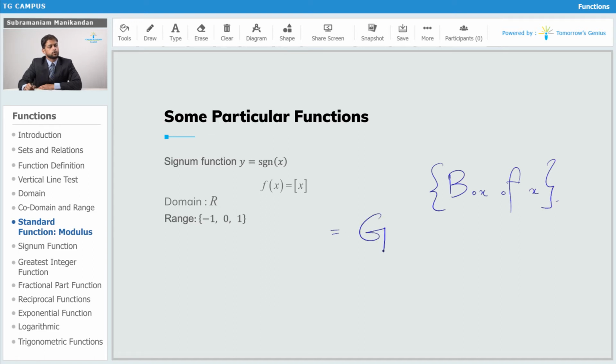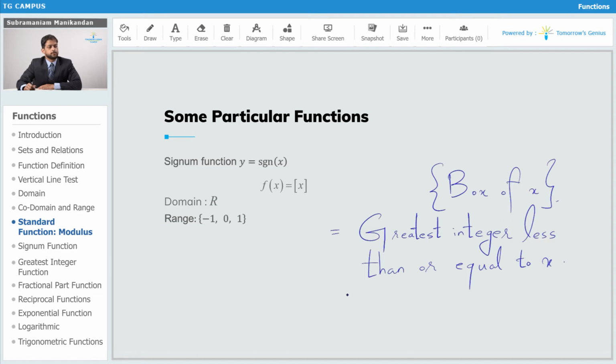It is equal to the greatest integer less than or equal to x.